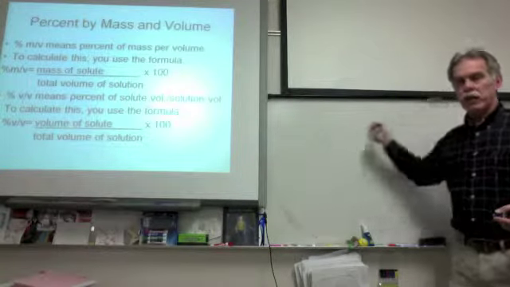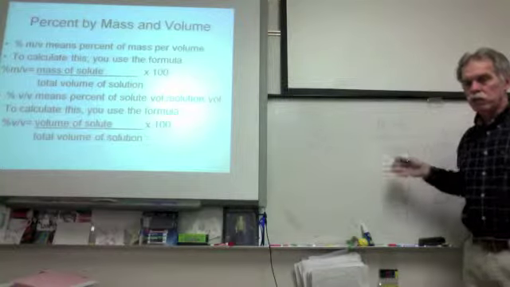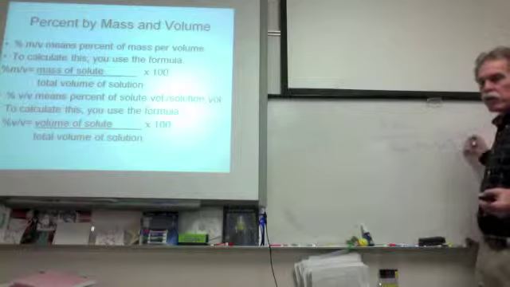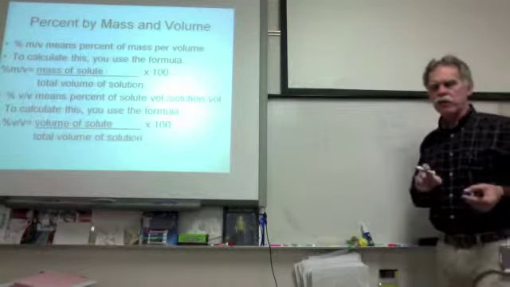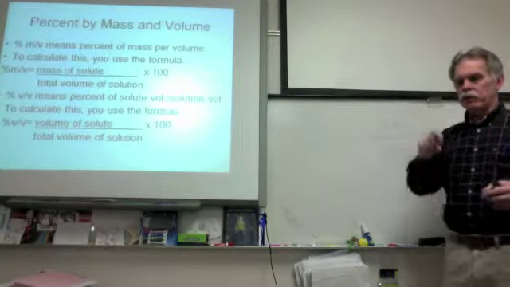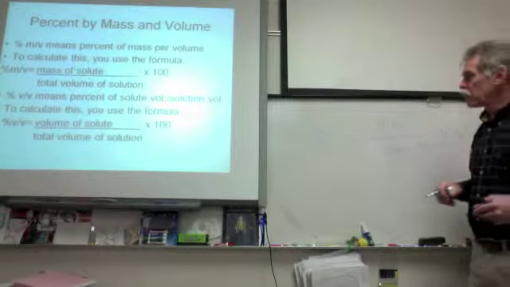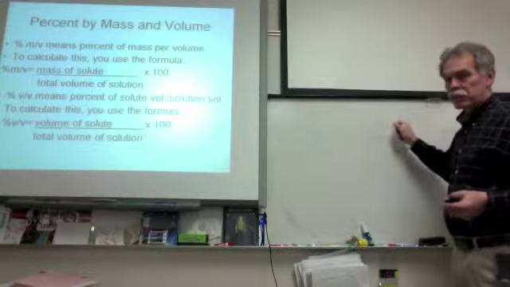So percent equals the part, the solid that you're adding, over the whole, the solution as it's finished, in milliliters, times 100. And make sure you times 100 on your calculator. Some people say, well, it's times 100%, that means just one. No, punch times 100. So we are calculating what percent is made up by this solute.